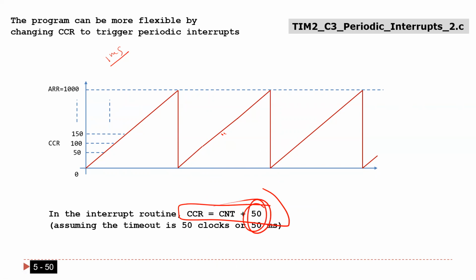Because you're changing CCR, the next interrupt is going to be after 50 milliseconds. If you need 51 milliseconds, just make it 51. In this program, it's very easy to set the timeout. If you need 20 milliseconds, just put 20. If you want 500, just put 500.